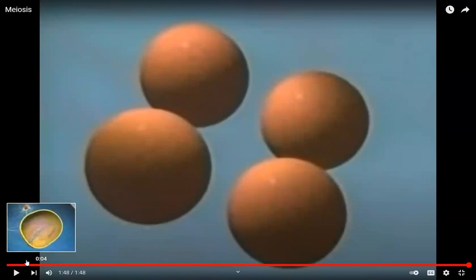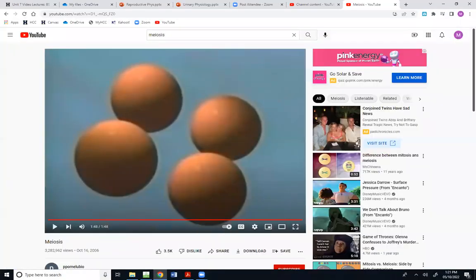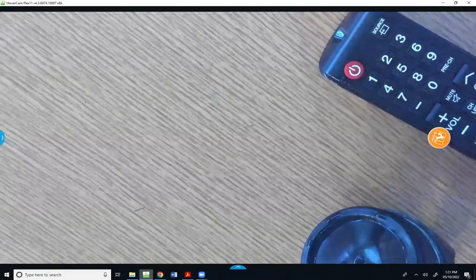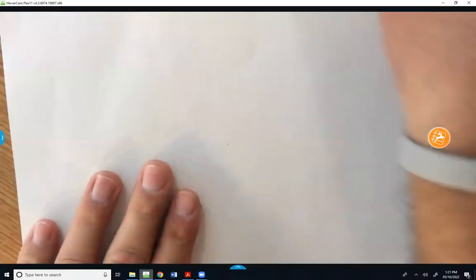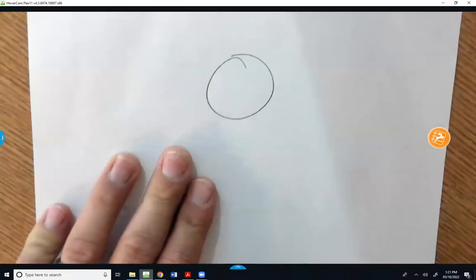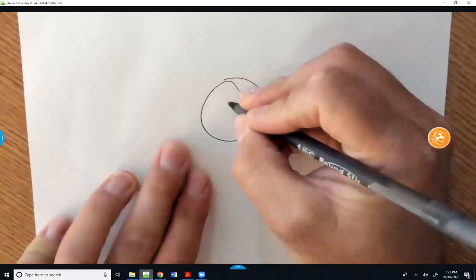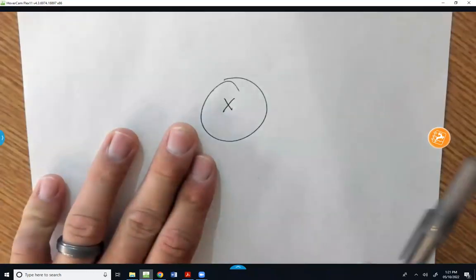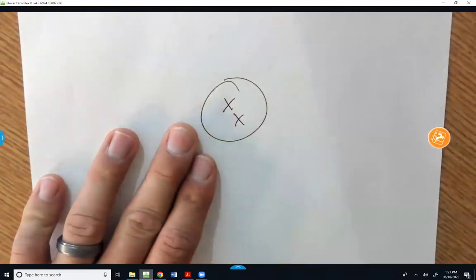Does that make sense? All right, let me just draw something up real quick, and hopefully this will make it seem super simple. I'm gonna do it like this. So if we start with our one cell, okay, and we've got a couple pairs, I'll just draw 2 pairs, okay.